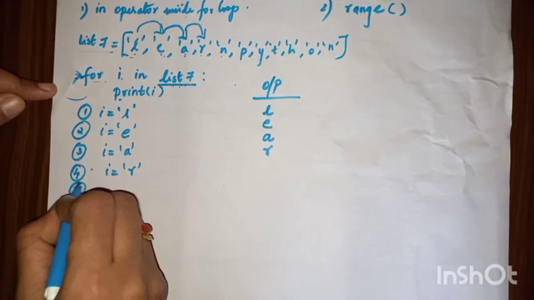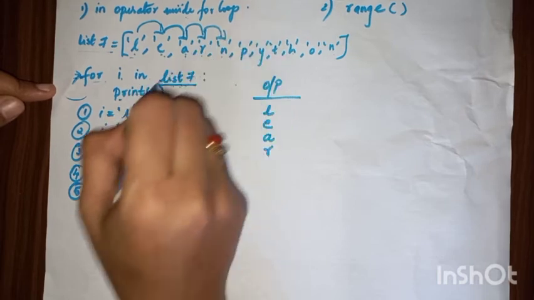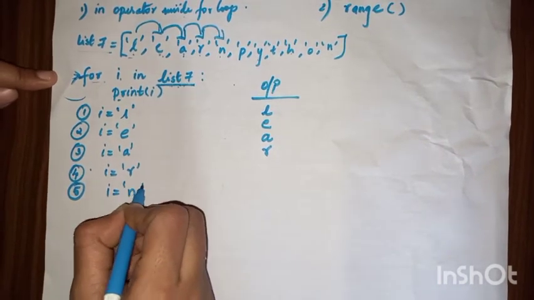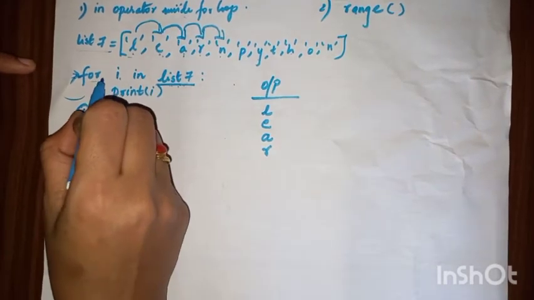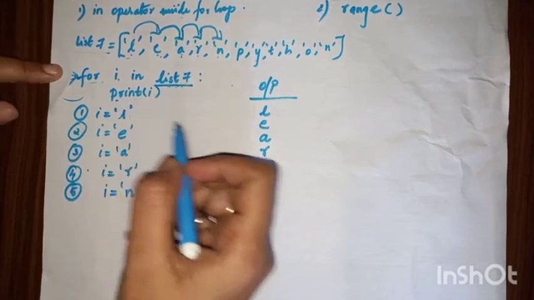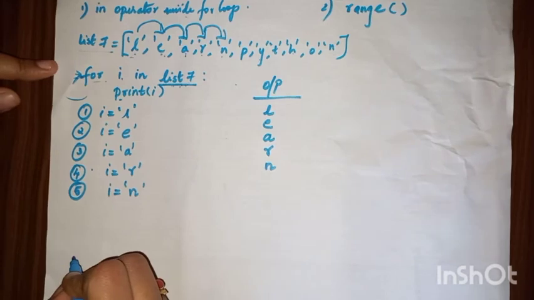Then in the fifth iteration, I will be the next element, that is N. Then it will execute the statement inside the for loop, print I, which prints N in the next line.